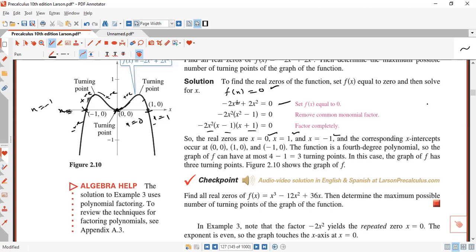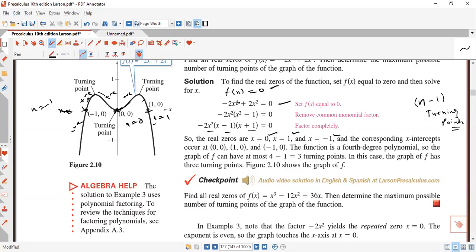So in general, if we have an n degree polynomial, we will get at most n minus 1 turning points. And this thing you may notice from the parabola. As you know, the parabola is the equation of a polynomial of degree 2, but we have one turning point. So 2 minus 1, one turning point.